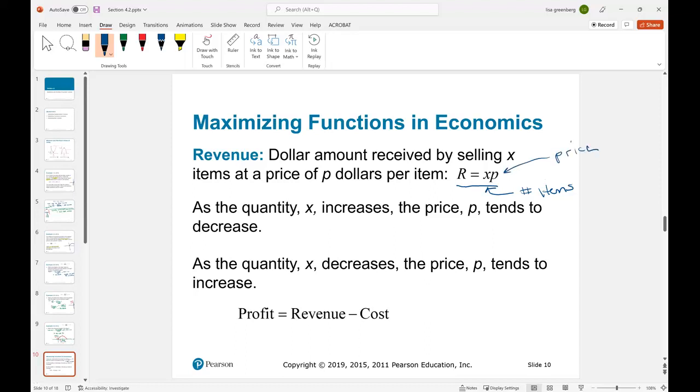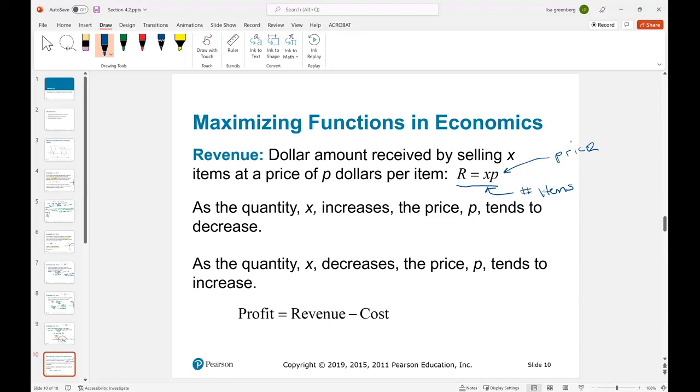If we went to a place where it was $2 per item, and I bought 30, it would be 2 times 30, which is 60. That's how, when you go to the cashier, they say that'll be $60.